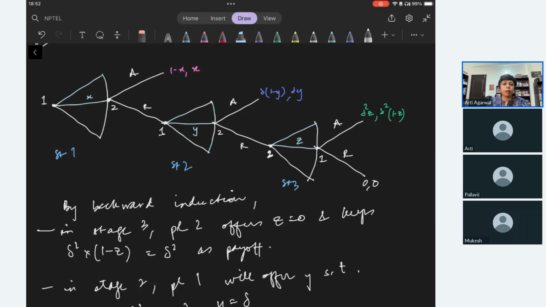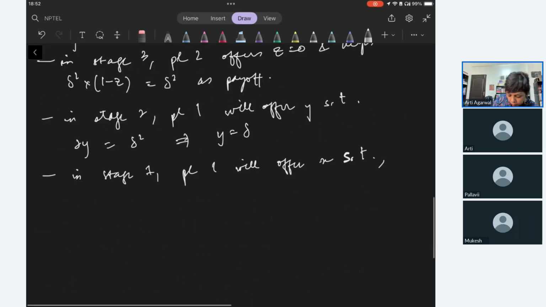He will want X to be equal to delta Y because he wants player 2 to accept, right? So X is equal to delta Y. And what is Y? Y itself is delta, so X is equal to delta square, right?